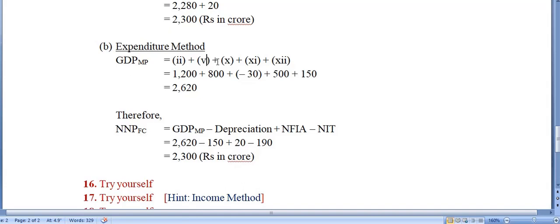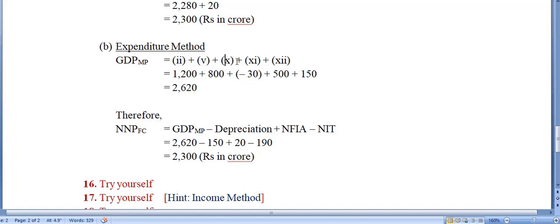If you had included NIT, there would be the error of double counting. So remember, whenever you are talking about expenditure, we are talking about the market value, and in market price, NIT is already involved. Mixed income, no, it doesn't come. Net exports, yes.